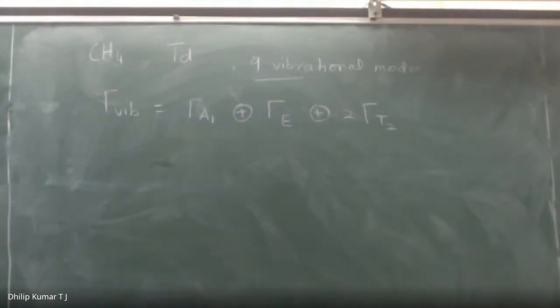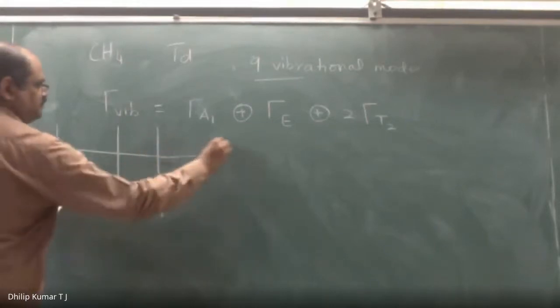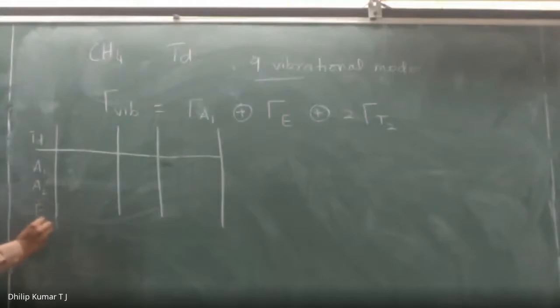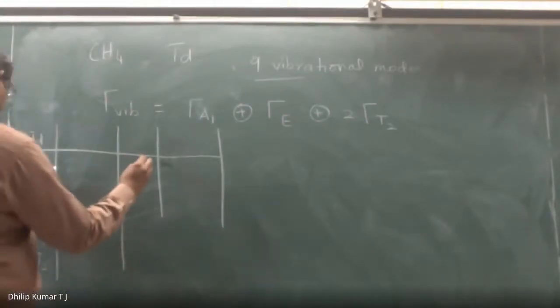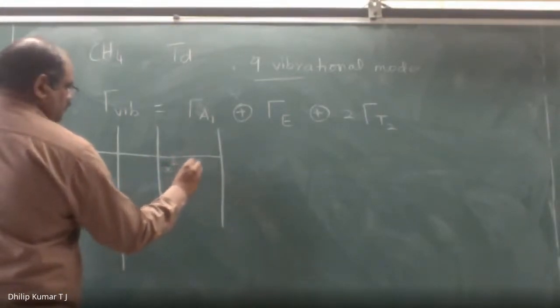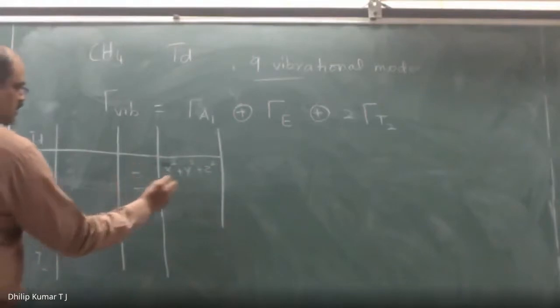If you have the character table, I don't want to write the in-between columns, I just mention the other 2 columns. A2 is also blank.